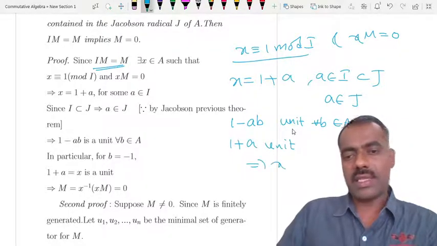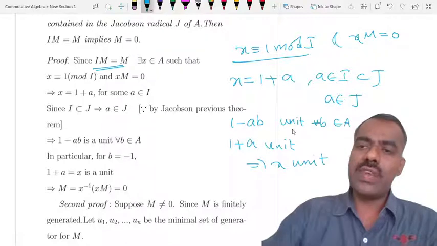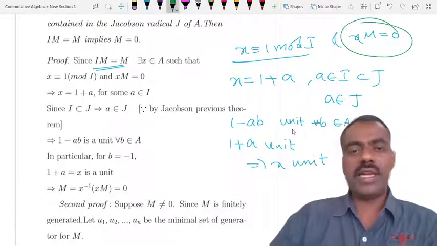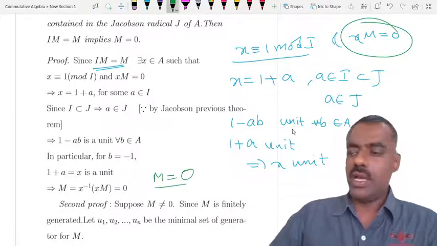That shows that x is a unit, so by multiplying by x inverse, what you get here is M is 0, right?